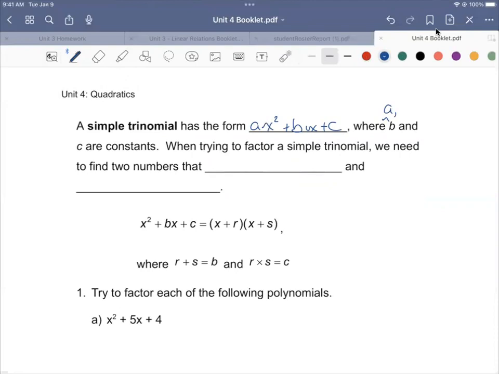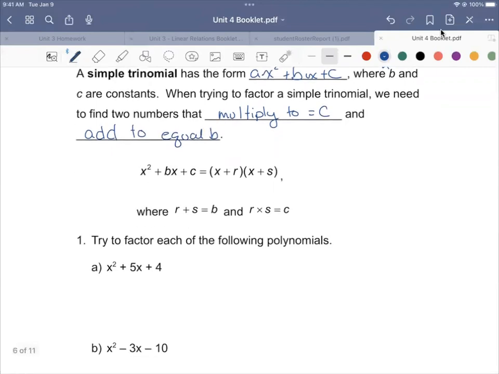When trying to factor a simple trinomial, we need to find two numbers that multiply to equal c and add to equal b. So when we do this, a is always going to be equal to 1.